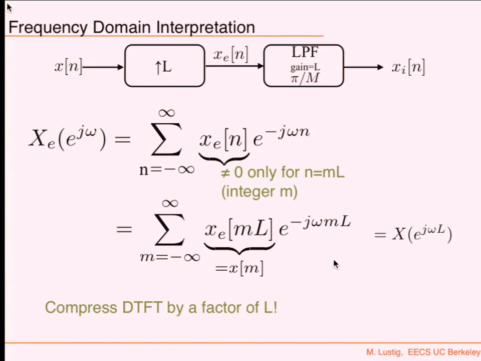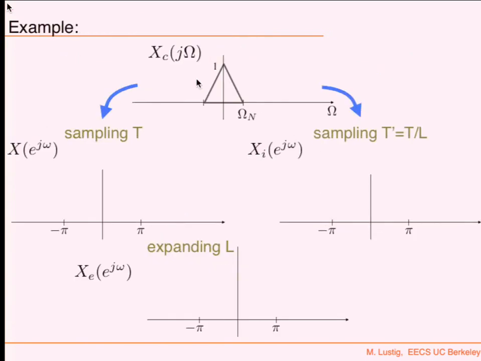So here is how it looks. Let's say we start with X c of j omega, a band-limited signal with a maximum frequency omega sub N. If I sample it at rate T, which is the Nyquist rate, this is the X of e to the j omega that I should get. Now, what would happen if I sample with T prime, which is T over L?